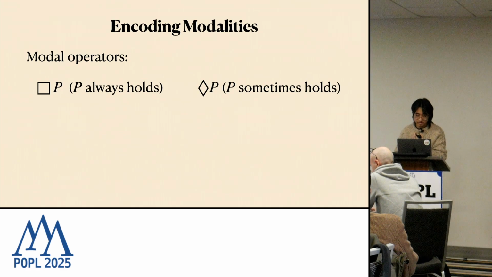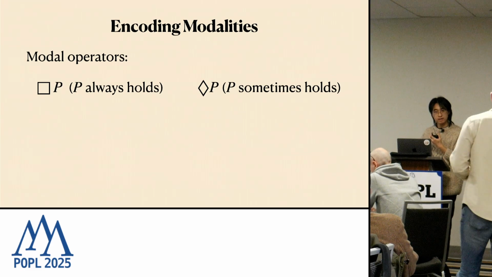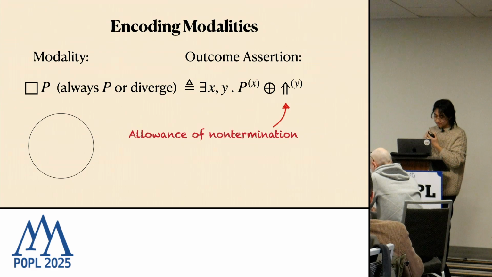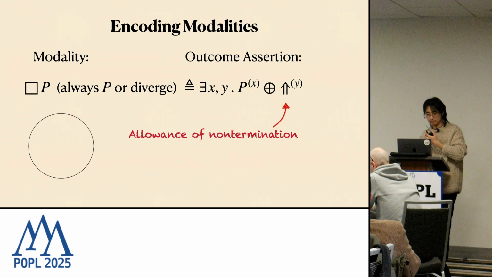So to begin with, let's see how we can encode these modal operators. We have square p for representing that p always holds, and a diamond p modal operator that represents that p sometimes holds. To encode this as an actual outcome assertion in total outcome logic, we can provide this encoding.